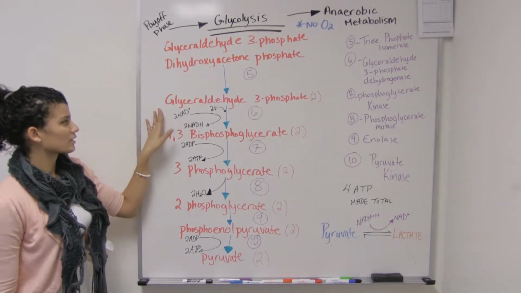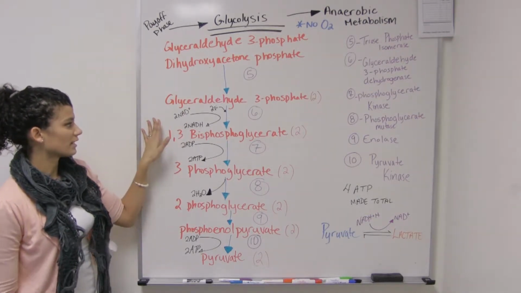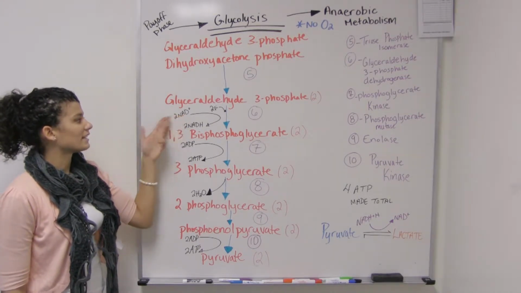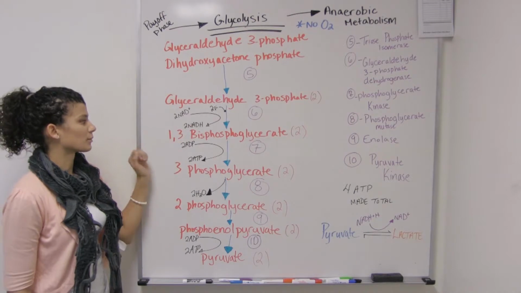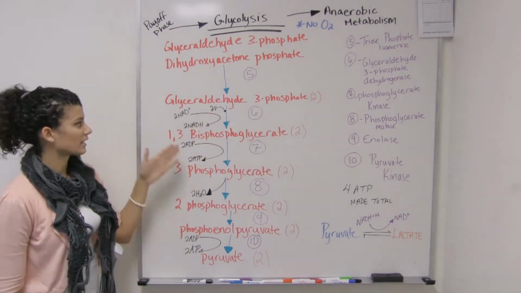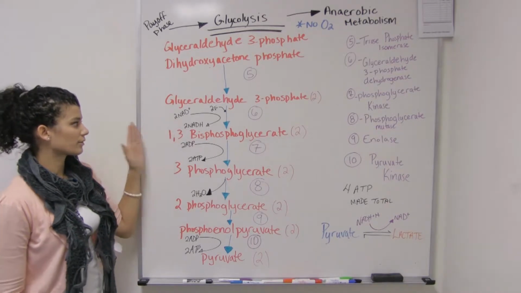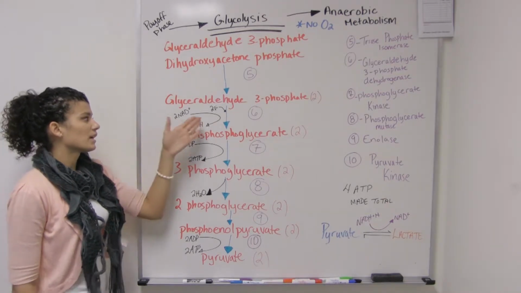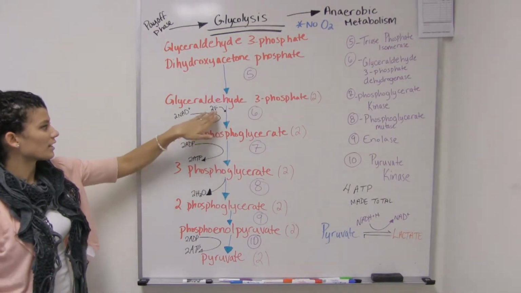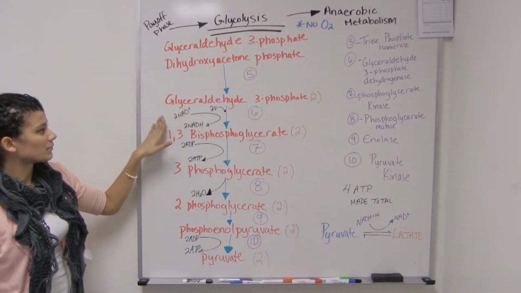But for now, the important thing to know is that each of the 2 molecules of glyceraldehyde 3-phosphate that we have is going to lose hydrogen, and NAD+ is going to carry it off in the form of NADH. We also have 2 molecules of inorganic phosphate that are going to phosphorylate glyceraldehyde 3-phosphate. In this step, no ATP is required for this phosphorylation; the phosphate does not come from ATP.